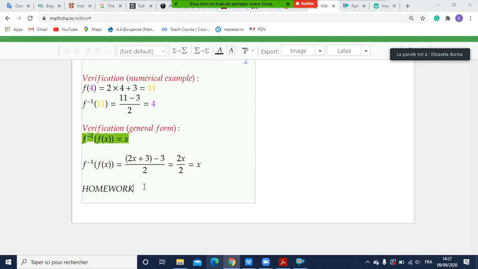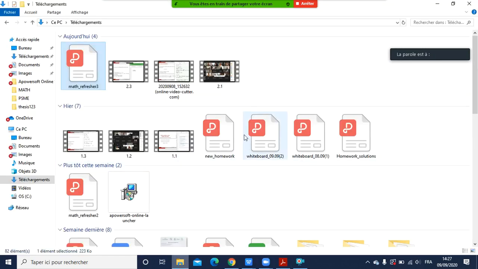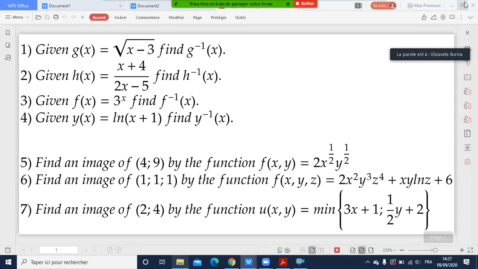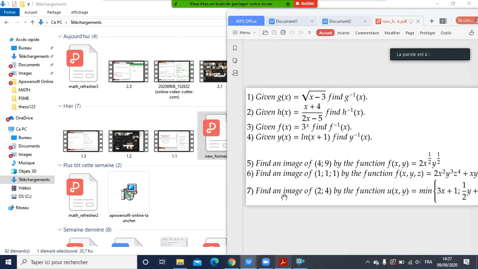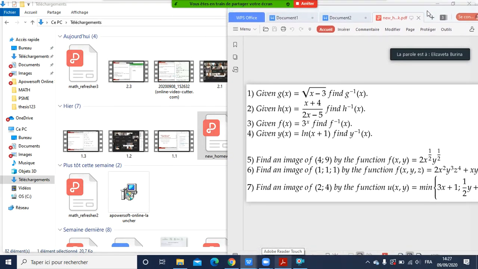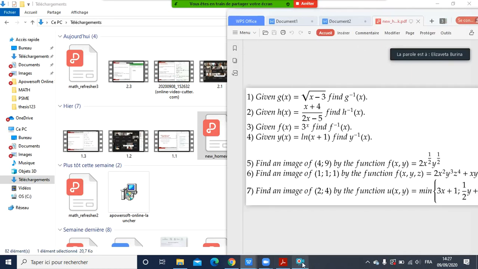Cool. So now let's get to the homework. Homework, new homework. That's the thing that we need. I'm switching from showing just one window to showing two windows, and it's not going very well.